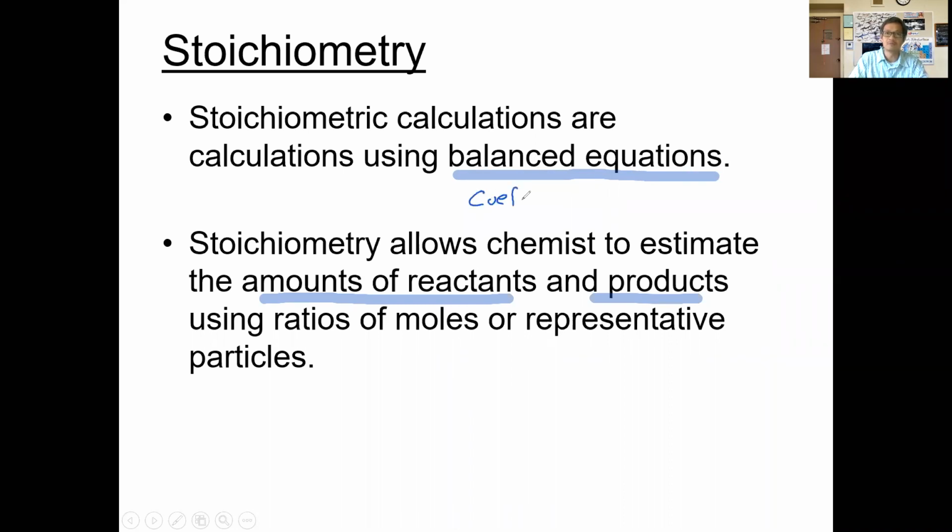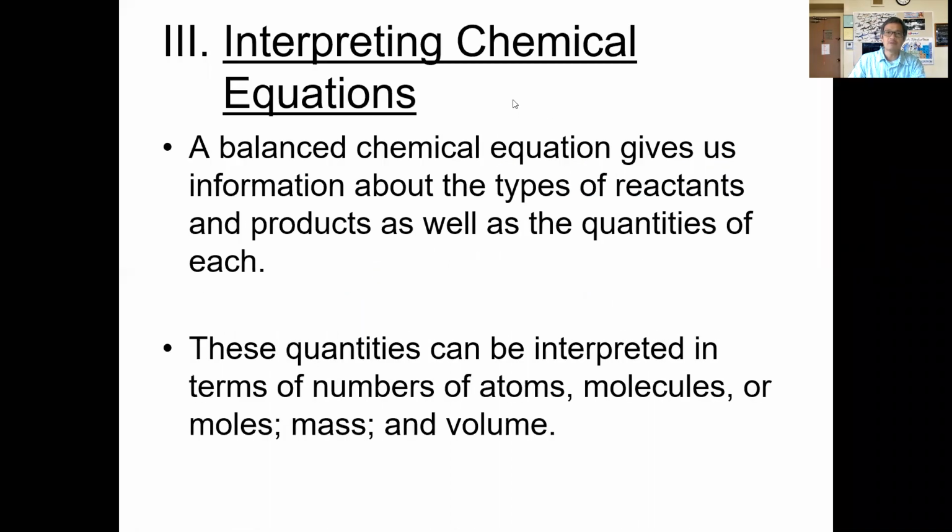Remember, in order to balance the equations, we need to have the coefficients. And so we can use that to obtain the amounts of reactants and products. We're going to learn how to interpret these balanced equations in terms of the quantities that we want. Once we get the balanced equation, we have to be able to interpret it in terms of the quantities of reactants and products that we need.